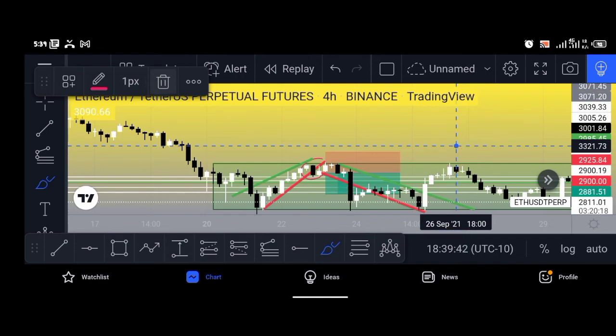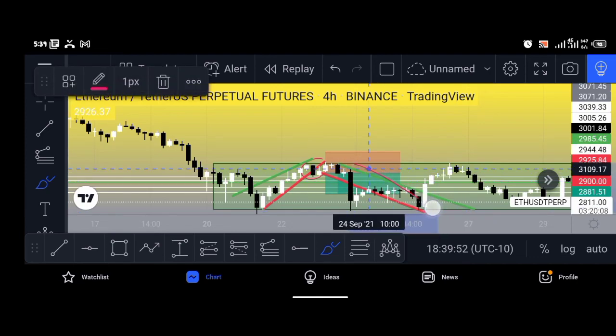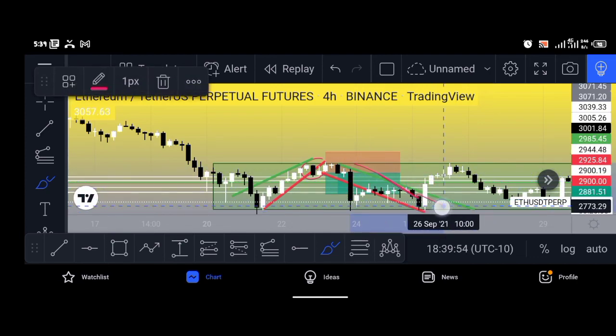So after the formation of that inside bar, you can now short the market, because this pattern that I draw here doesn't work all the time. You can even use the pattern when the market is trending up or in a downtrend, but I don't usually use it.